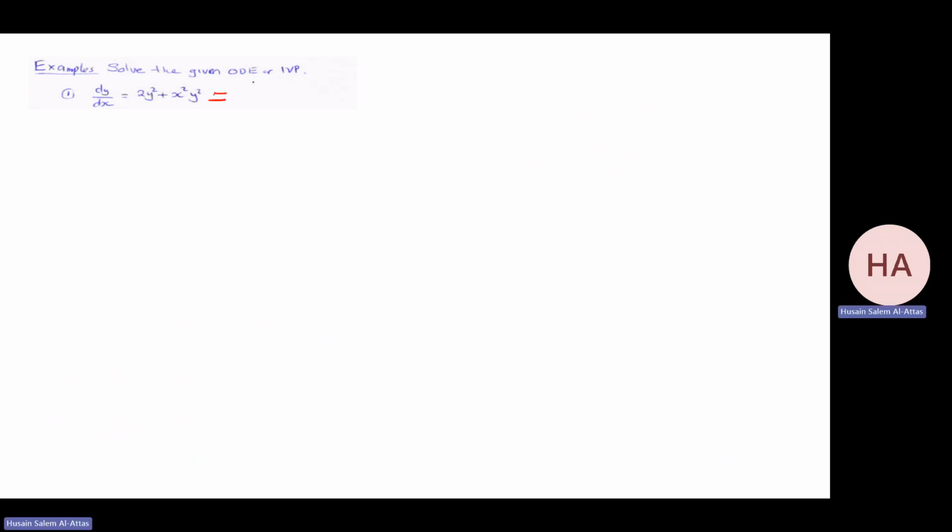This one I can rewrite as y squared times 2 plus x squared. So I have dy over y squared equal 2 plus x squared dx. Separable.